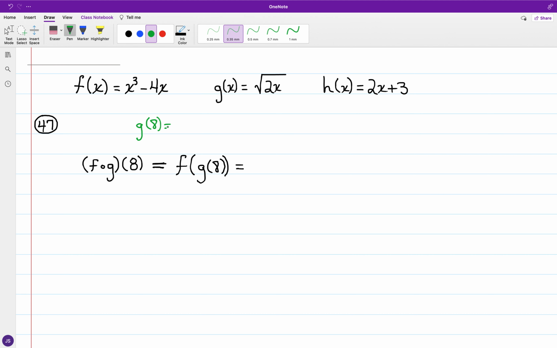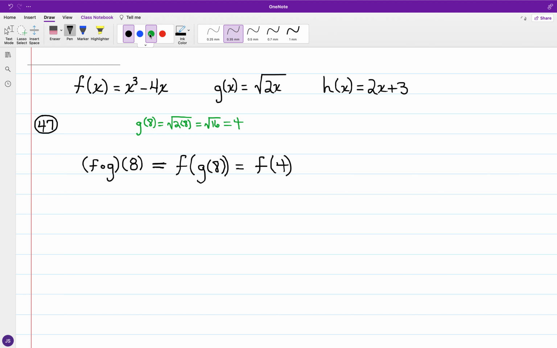We have the square root of 2 times 8, and 2 times 8 is 16. The square root of 16 is equal to 4. And so f composed with g of 8 is f of g of 8, which translates to f of 4.